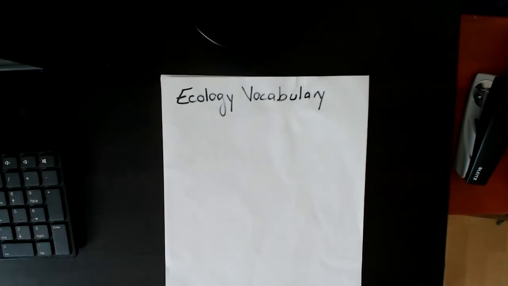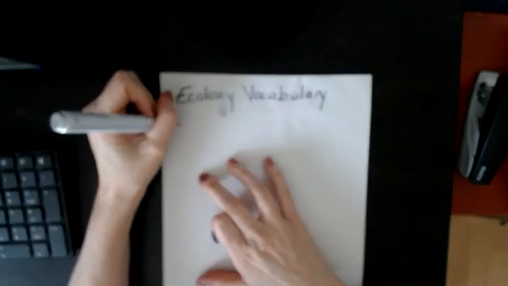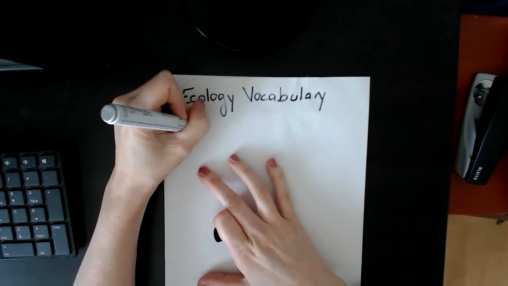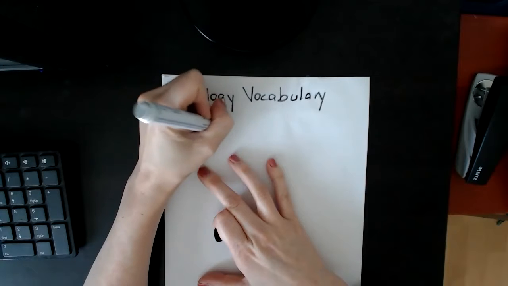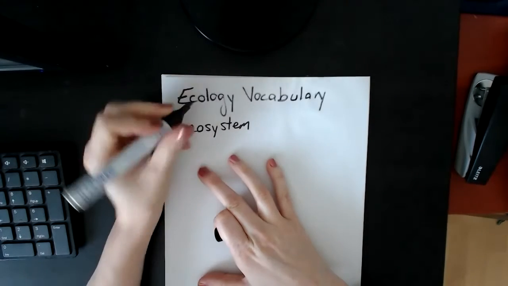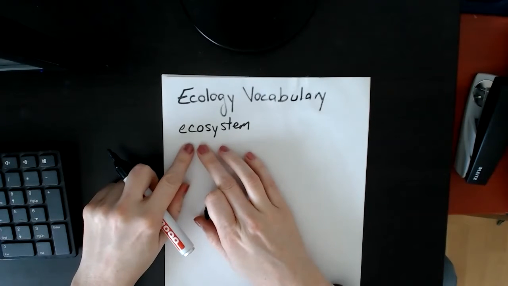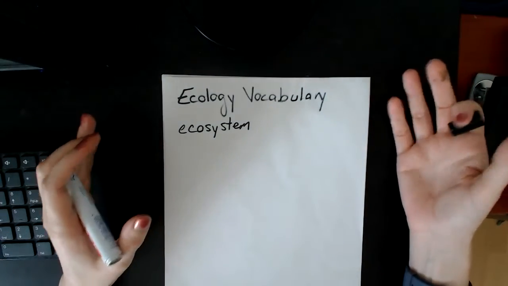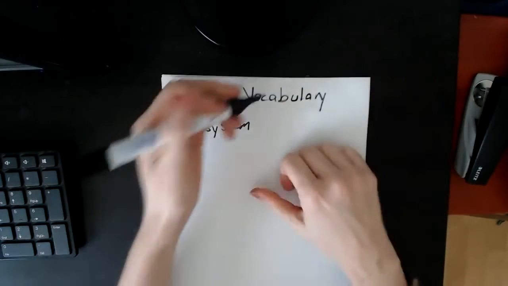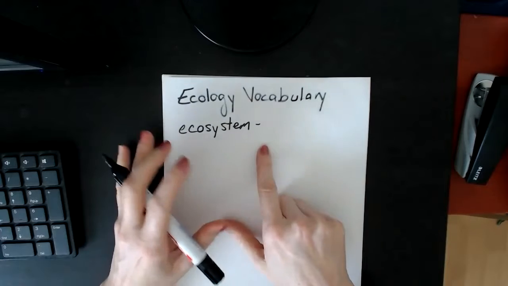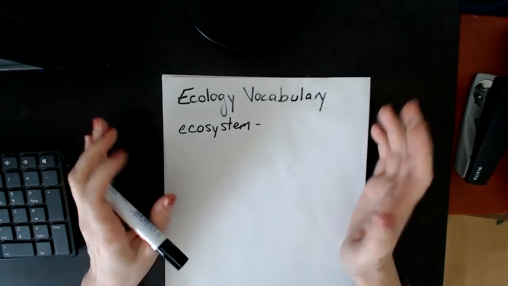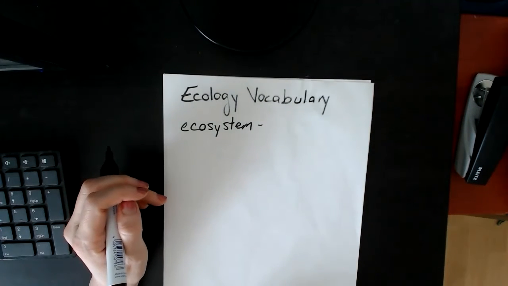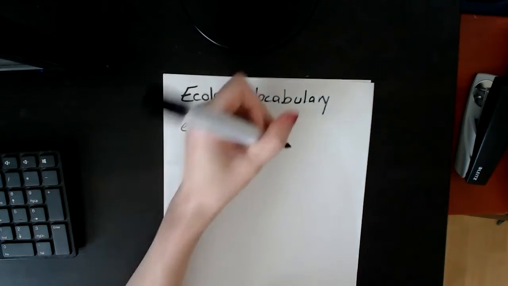So the first thing that I want you to be able to define is an ecosystem itself. All right. So an ecosystem is basically all both living and non-living parts of an environment and how they interact together. And instead of saying living and non-living, you can say that, but the correct term is to talk about the biotic and abiotic factors.